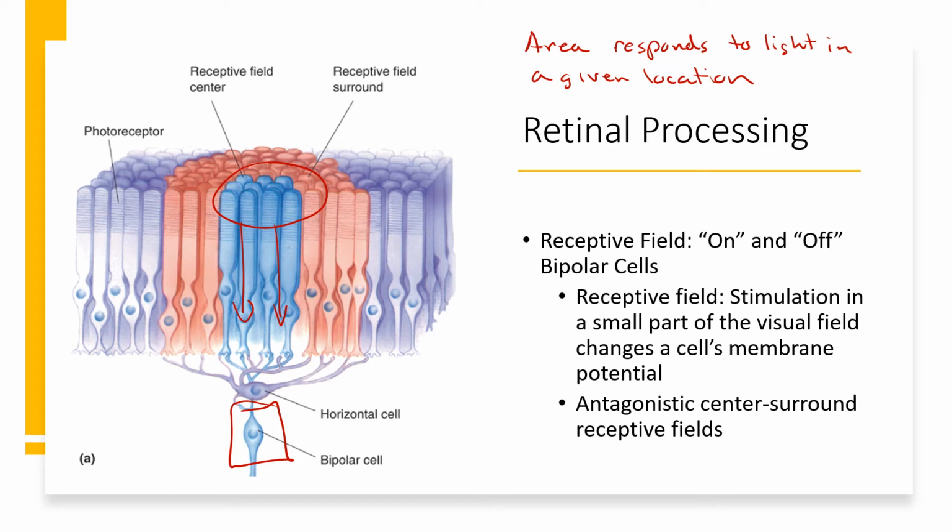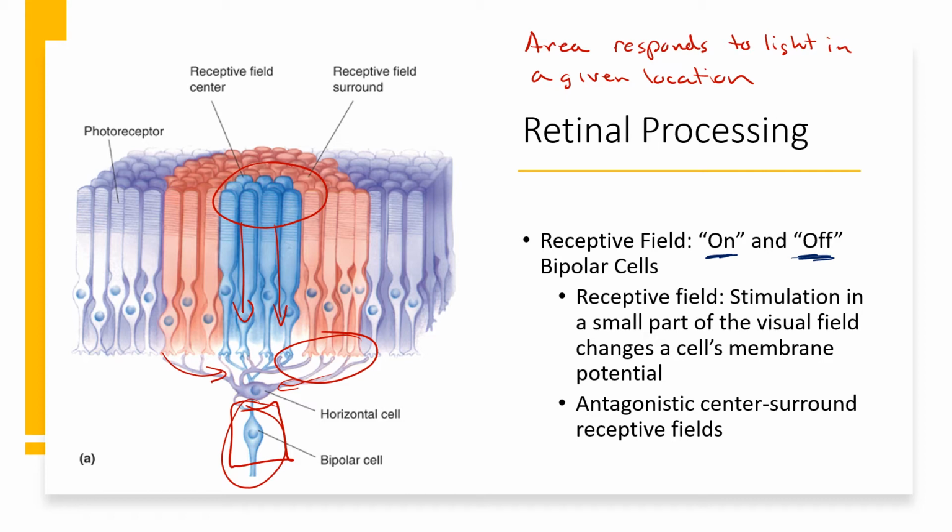Now, what you can also see here is we have input coming from other photoreceptors through this horizontal cell, coming in this way, which is also going to interact with our bipolar cell. So what ends up happening is, in the receptive field, in the photoreceptors that change the activity of this bipolar cell, we are going to have two types of bipolar cells, one called an on-center and one called an off-center bipolar cell.